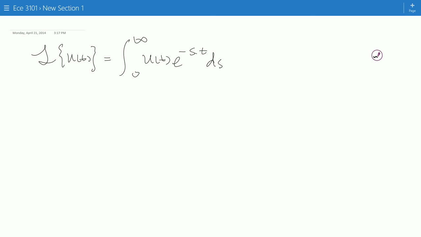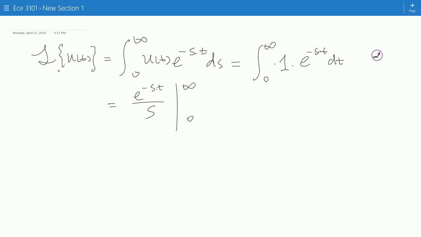And since the u function either takes value 1 or 0, and since from 0 to infinity, the unit step function takes only value 1, it will be 1 times e to the power negative st. And clearly using our usual calculus knowledge, it's not difficult to find out, well, this is going to be e to the power negative st divided by negative s with the limit from 0 to infinity.